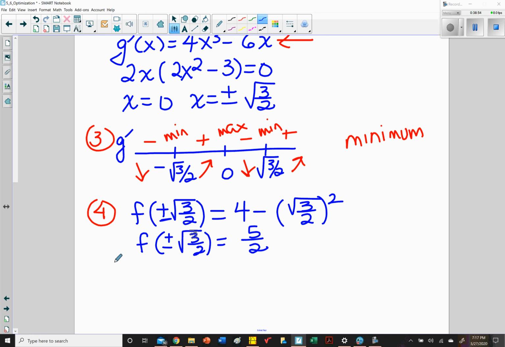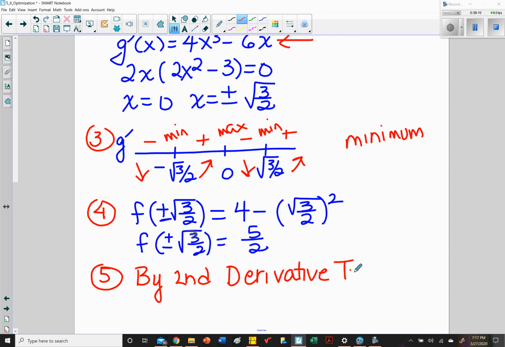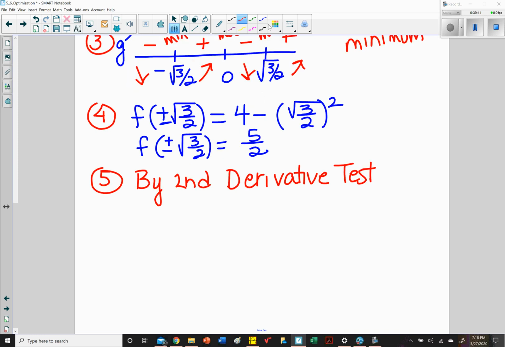So the closest points, we could do the second derivative test. So we can use the second derivative test to find a maximum and a minimum. The second derivative is going to be positive for those two values.